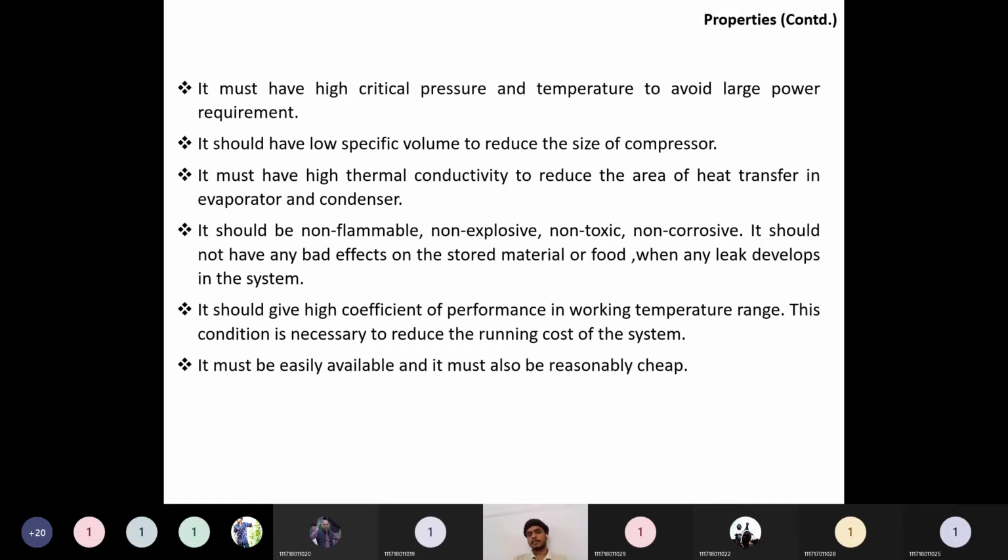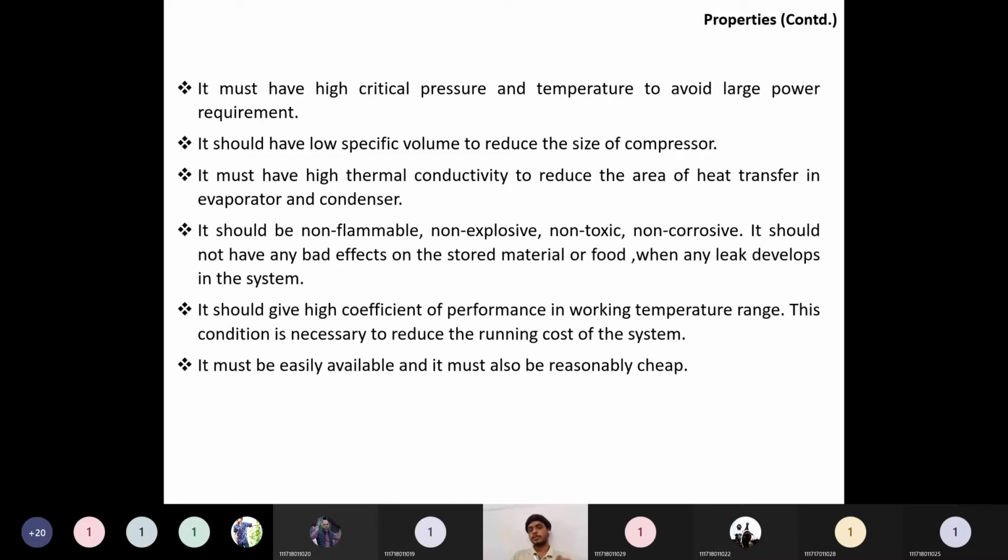When a leak happens inside the compressor of our household refrigerator, if the refrigerant shows some adverse effect on our food, then we can't eat that food. So it should not show any ill effect on our food. The refrigerant will obviously be somewhat toxic, but these are the ideal properties. Ammonia and similar refrigerants are definitely toxic.